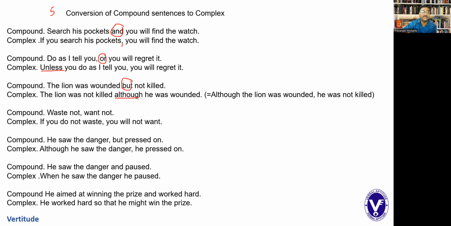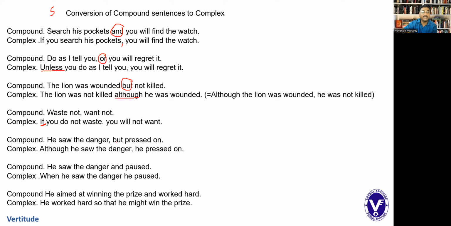Although: complex. Understand this is compound and this is complex. Waste not, want not. If you do not waste, you will not want.